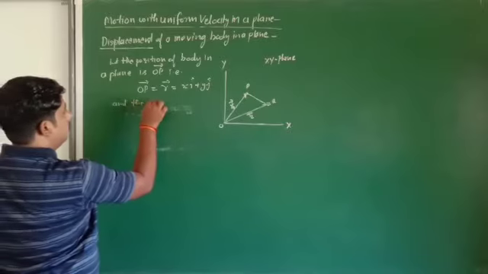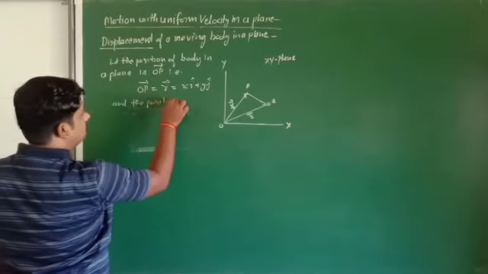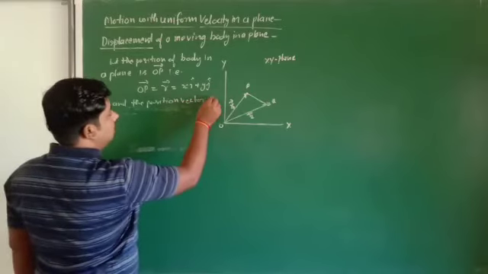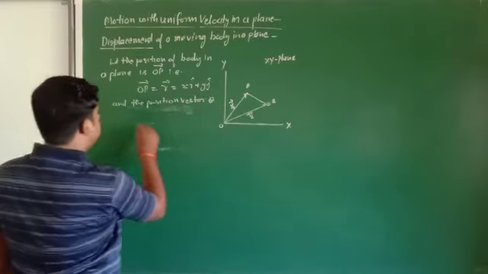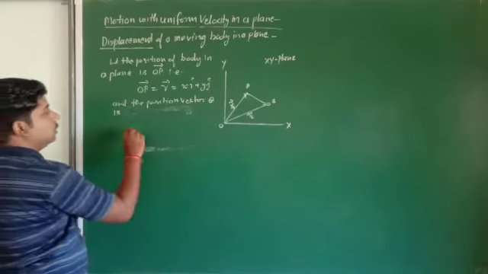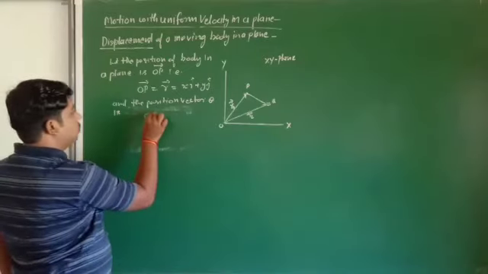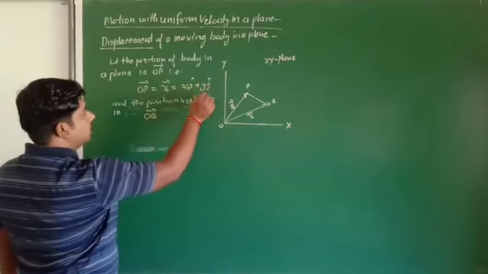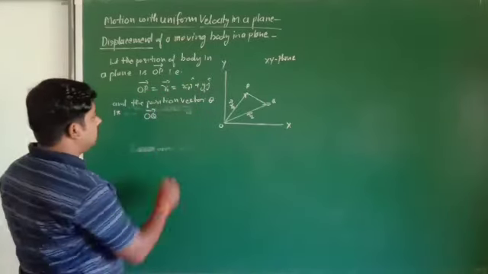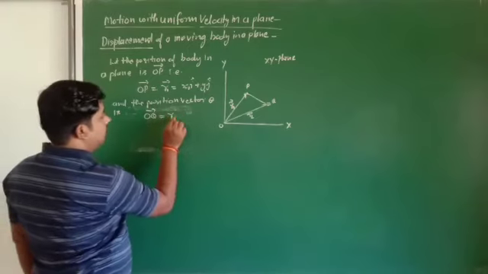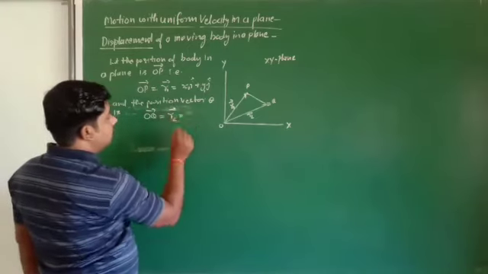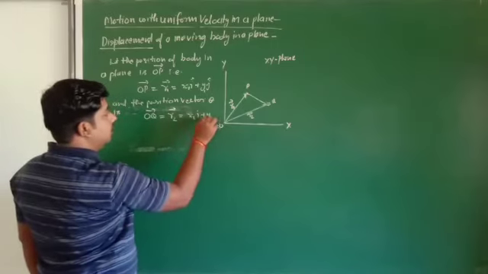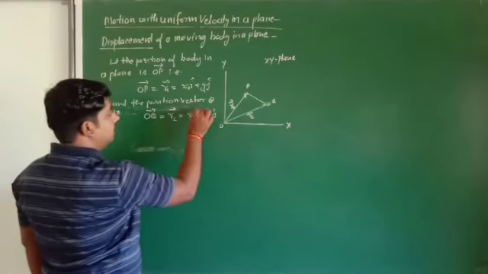The position vector of Q is OQ. This is R1, which we can consider as X1 and Y1. So this will be considered as R2, which is equal to X2i plus Y2j.